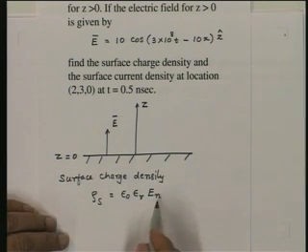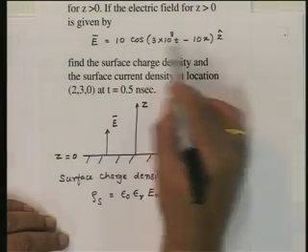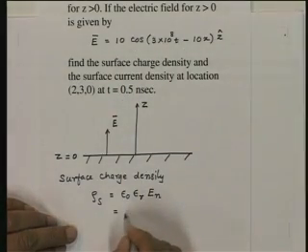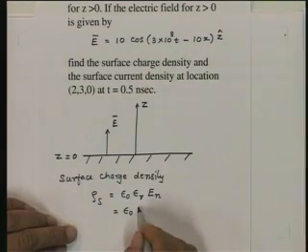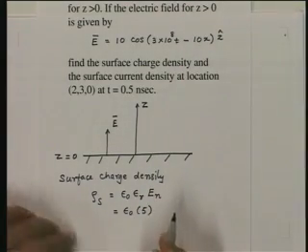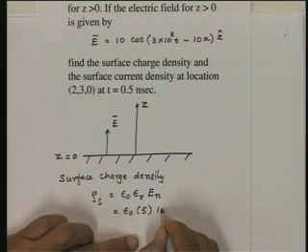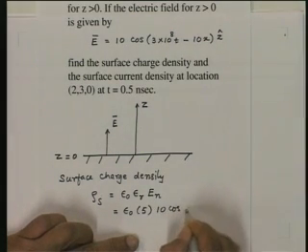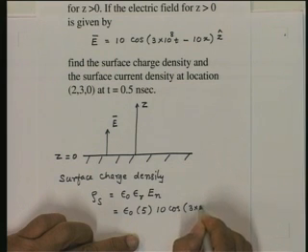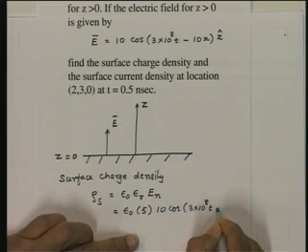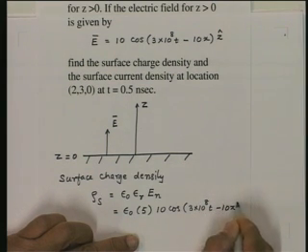So, if I substitute now E n, which is same as this quantity E, then I get epsilon 0, epsilon r is given as 5, so this is 5, into the electric field which is 10 cos of 3 into 10 to the power 8 t minus 10 x.